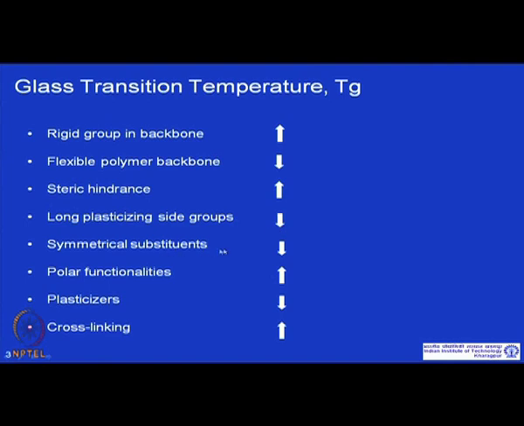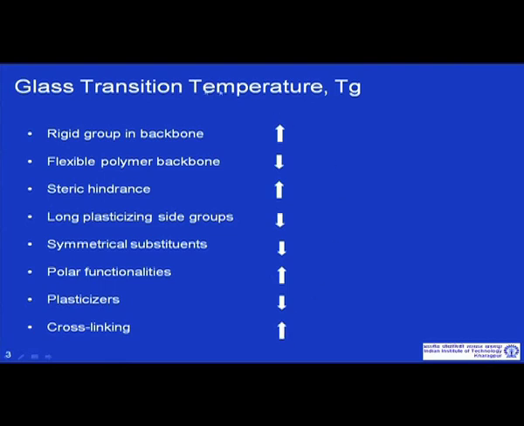Similarly, symmetrical substituents, we have seen, bring Tg down. Polar functionalities will increase the intermolecular attractions, which will increase the Tg. Plasticizers increase the free volume, so Tg goes down, and cross linking decreases the amount of free volume, so Tg goes up.